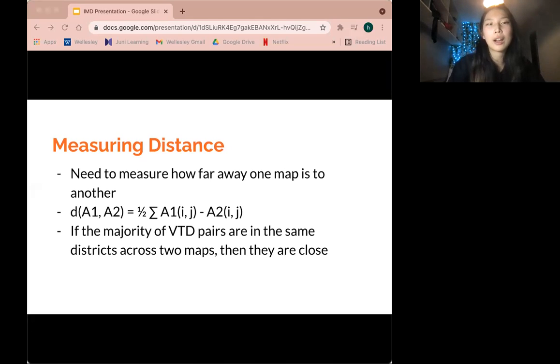At a higher level, two maps should be nearby if most of the pairs of VTDs that are in the same district in one map are also in the same district in the other. Since we're using binary numbers, this also works for the inverse: pairs of VTDs that are not in the same district in one map should, if the maps are similar, also not be in the same district in the other.